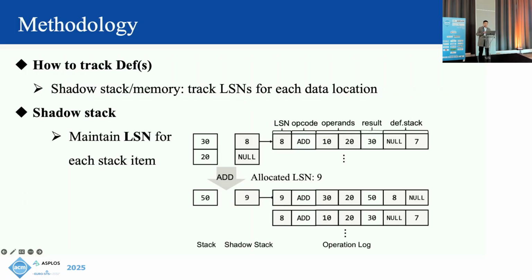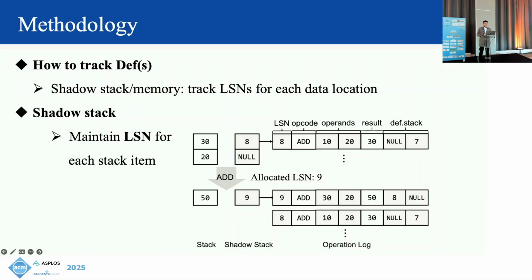Let's take the shadow stack as an example. To track where each stack operand comes from, we maintain a shadow stack that mirrors the real EVM stack. Importantly, its operations are completely consistent with the real stack. For example, if an add instruction pushes a result to the stack, the shadow stack records the log sequence number of that add instruction at the same position.